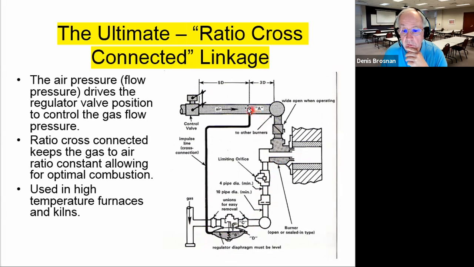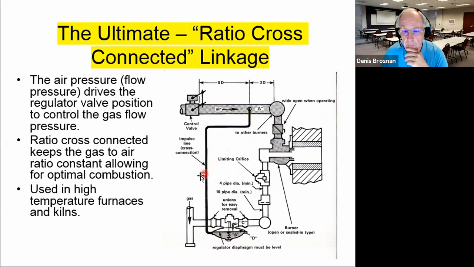But the key is the static pressure impulse that's carried in a line down to the ratio regulator. So as you throttle up the air, more dynamic pressure, then we've got more static pressure on the side of the air supply line.